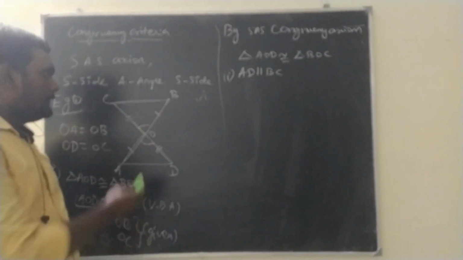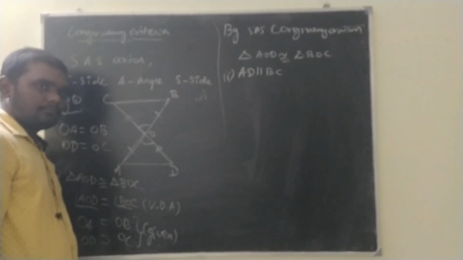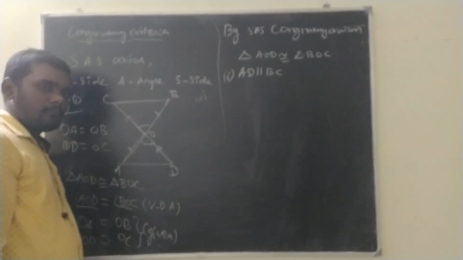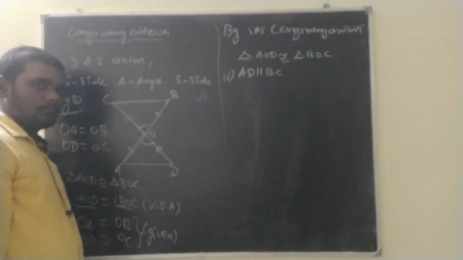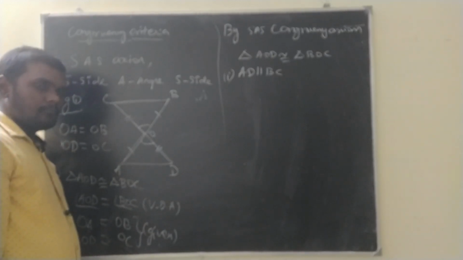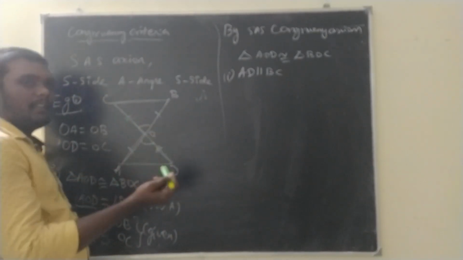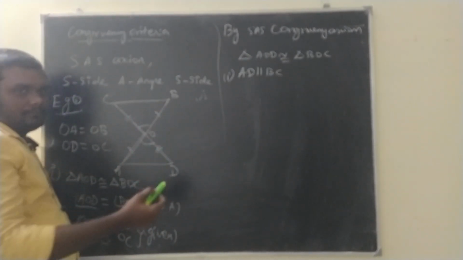How do we prove this AD is parallel to BC, when two lines will be parallel? Don't see the book, girl. Think and answer. We can say this AB or CD as transversal. We can prove it by making these two angles equal.